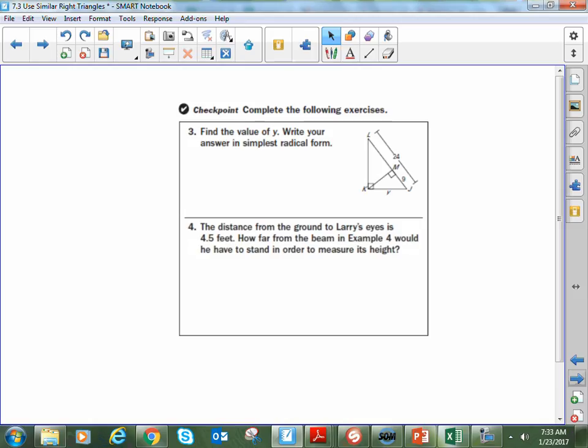All right. So looking at the triangle here in problem number 3, find the value of y. Well, here y is a hypotenuse of the short leg, or of the small triangle, and I know the short leg of the small triangle as well.